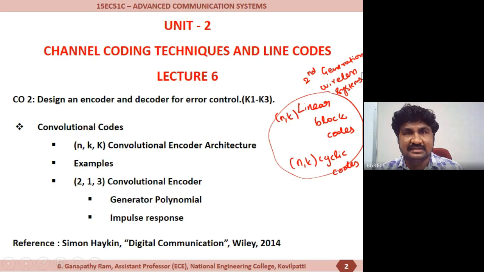Later on, the applications of these two are becoming very less, and the further development has improved the system for want of new technologies. In such a way, we have entered into a new kind of channel encoding strategy called convolutional codes.